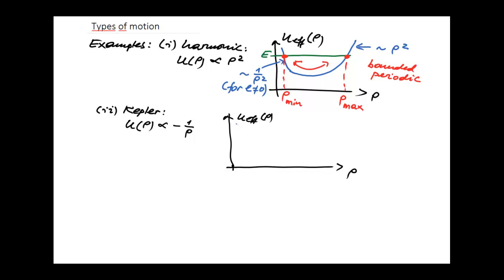So again, you have this behavior here, 1 over rho squared for L different from 0. For large distances, the true potential, the Kepler potential, dominates, which goes like minus 1 over rho. So it approaches the rho axis from below. And then in between, you have some behavior that interpolates between these two ends. It looks something like that.